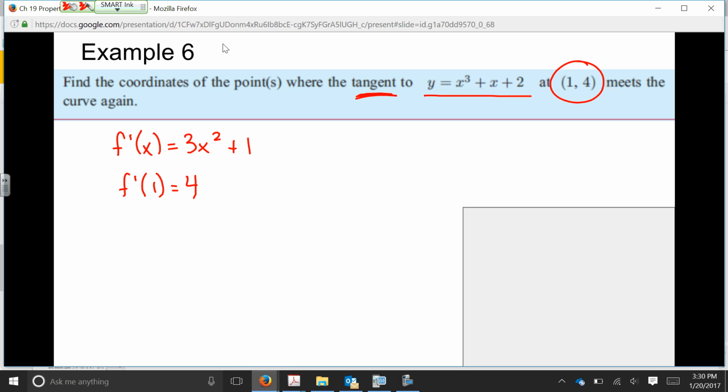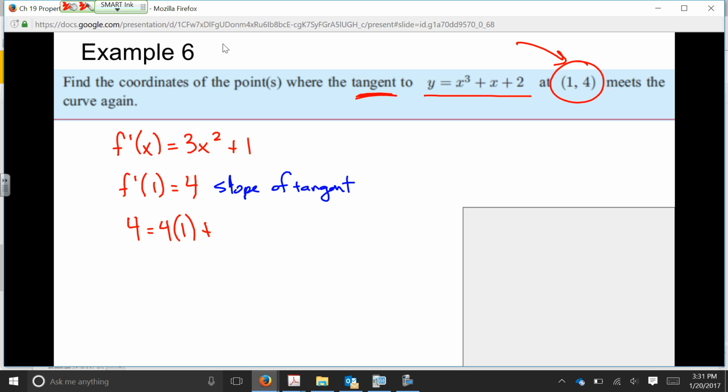Now, the equation of the tangent line, so again, just kind of keeping track, this is the slope of the tangent line. And now I want the equation of the tangent line. So I'm going to say y, which is 4, equals the slope 4 times the x value 1, and that's just again coming from up there.